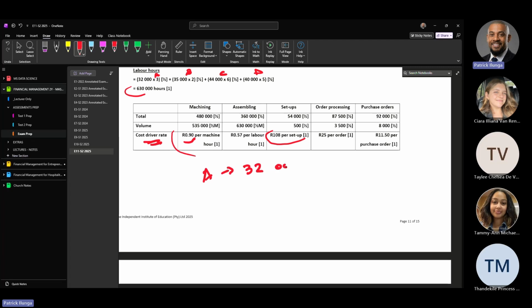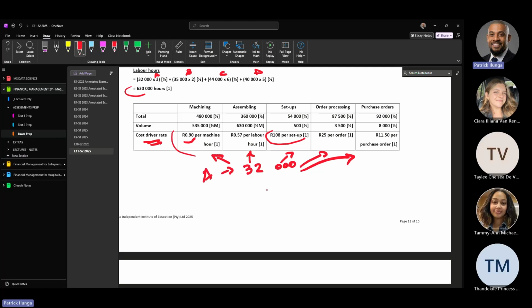You're going to multiply the 32K volume multiplied by this amount in order for you to get the machining, this amount in order for you to get the assembling, this amount in order for you to get the setups, this amount in order for you to get the processing, this amount in order for you to get what? The purchase cost.